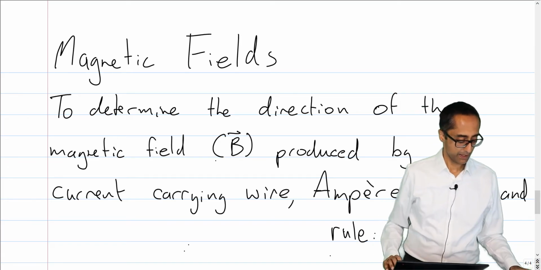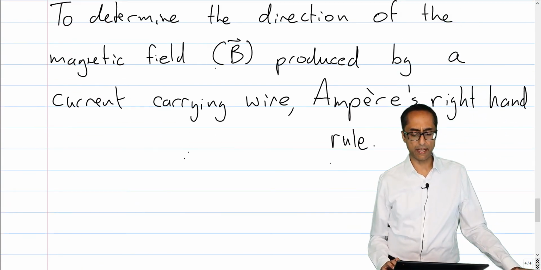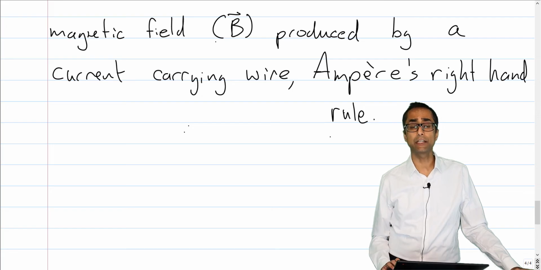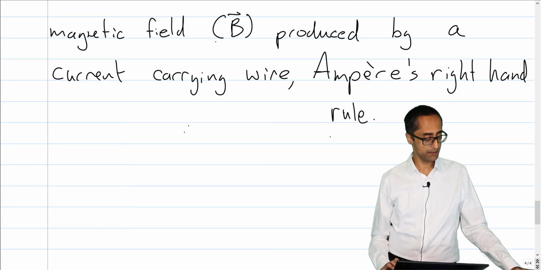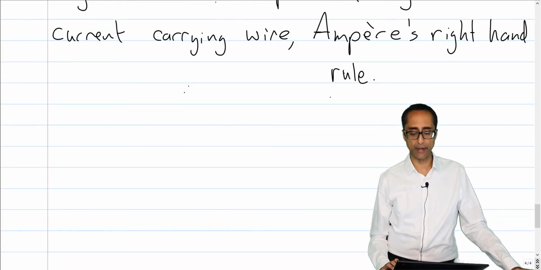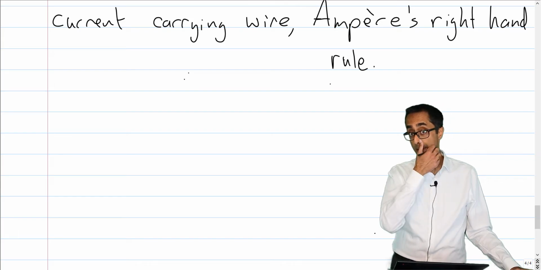All right, and so the right-hand rule is exactly what we said it is. Use your right hand, you grasp the wire with your thumb pointing in the direction of the current, and that means your fingers are the direction of the magnetic field.